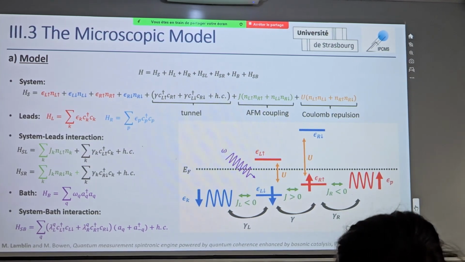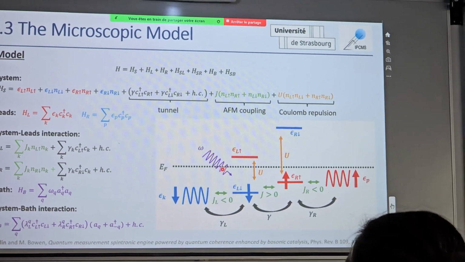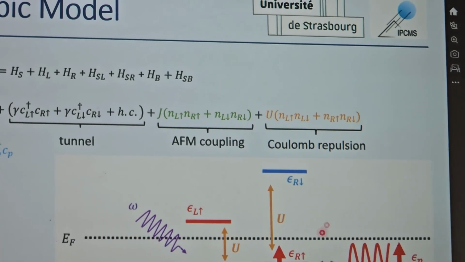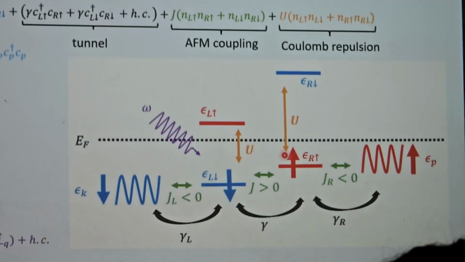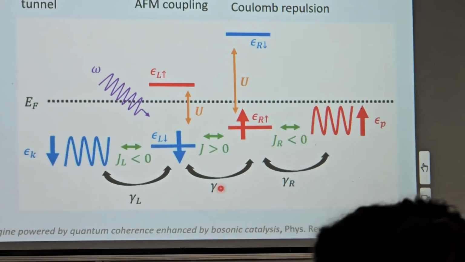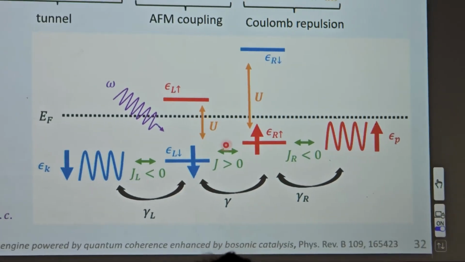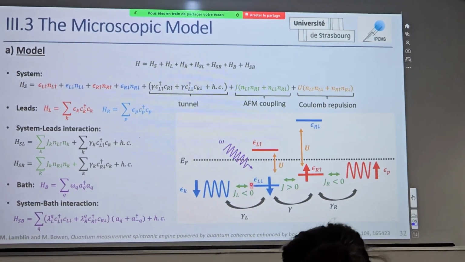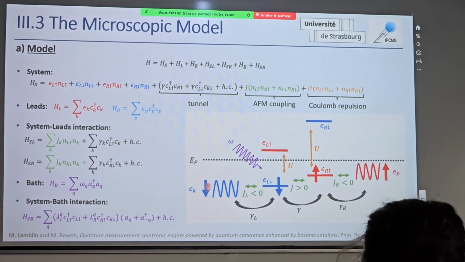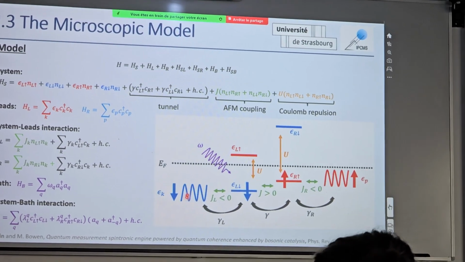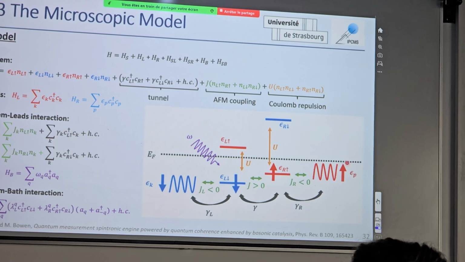I started with two sites with non-degenerate spin-split energy levels that are interacting through a tunnel interaction and a magnetic interaction. And I connected these two sites to electrodes that are fully spin polarized thanks to the spin interfaces.